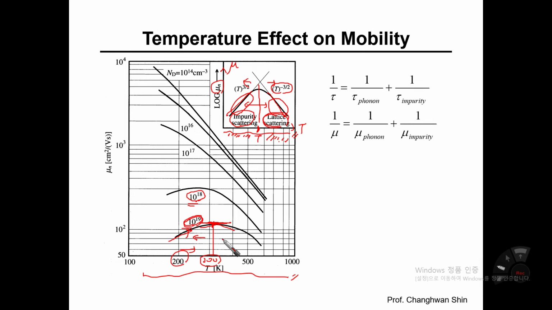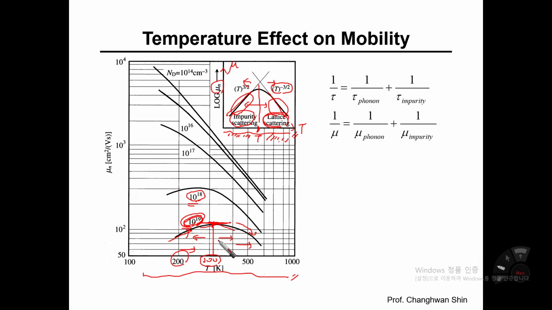However, at a temperature higher than 300 Kelvin, as temperature increases, the mobility decreases. Why is that? Lattice scattering or phonon scattering is more dominant than the ionized impurity scattering.